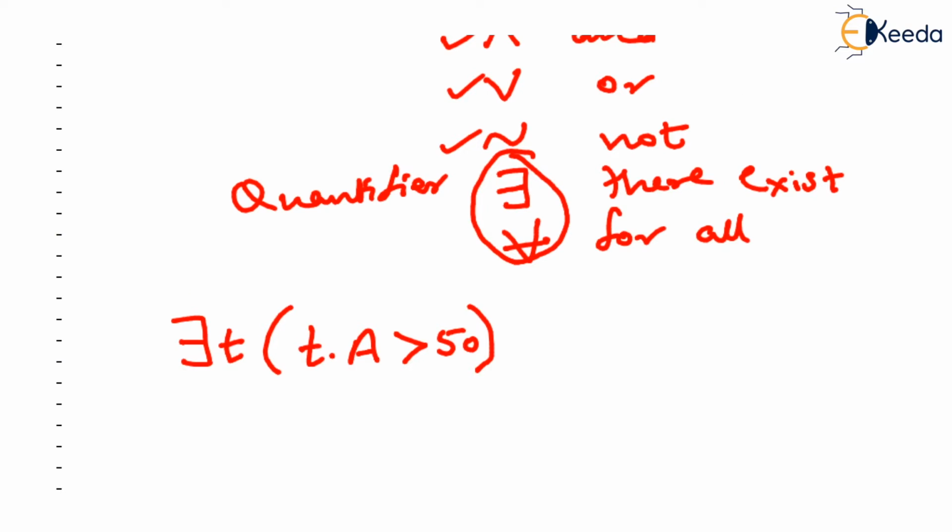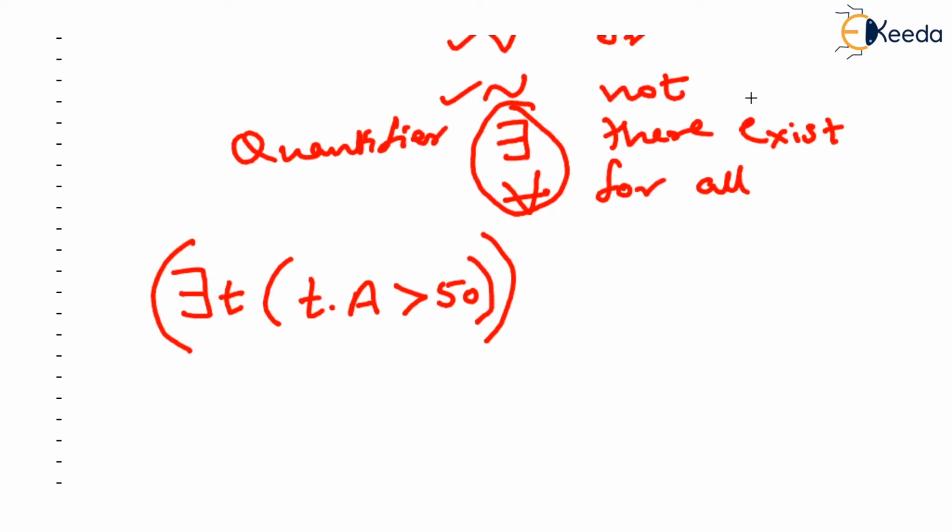Let's say this is the expression that we have written, although this is an incomplete expression, because this there exists will come after the vertical bar, and before the vertical bar there is the list of columns that you want to display. But we are just generalizing our discussion to understand what there exists means. Now you watch that there exists t such that t dot a is greater than 50.